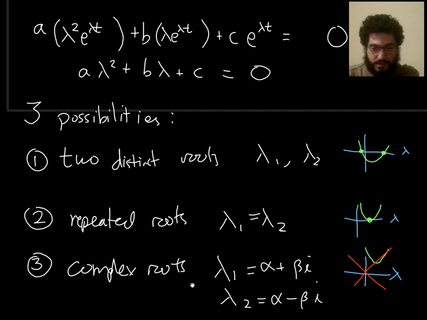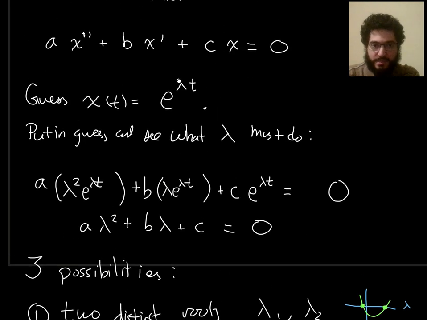So this means we're going to need to review complex numbers a little bit. Specifically, we'll need to understand not only how complex numbers can be roots of polynomials, but we need to understand what it means for the lambda in the exponential here to be complex. What does it mean to have an e to a complex number?